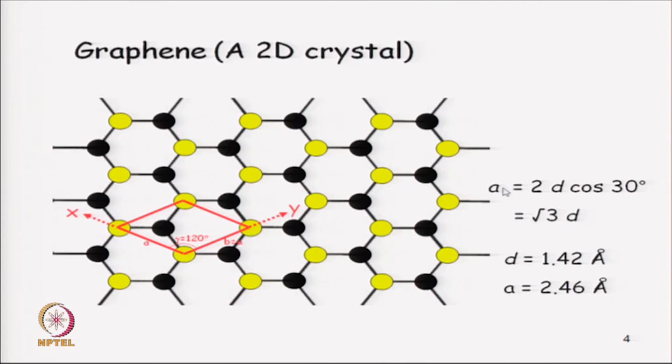The lattice parameter is related to the carbon bond distance d through this relationship, again easily derived geometrically, that the lattice parameter is √3 times the carbon distance, and the carbon distance in graphene usually is about 1.42 angstrom. So, the lattice parameter will be 2.46 angstrom.